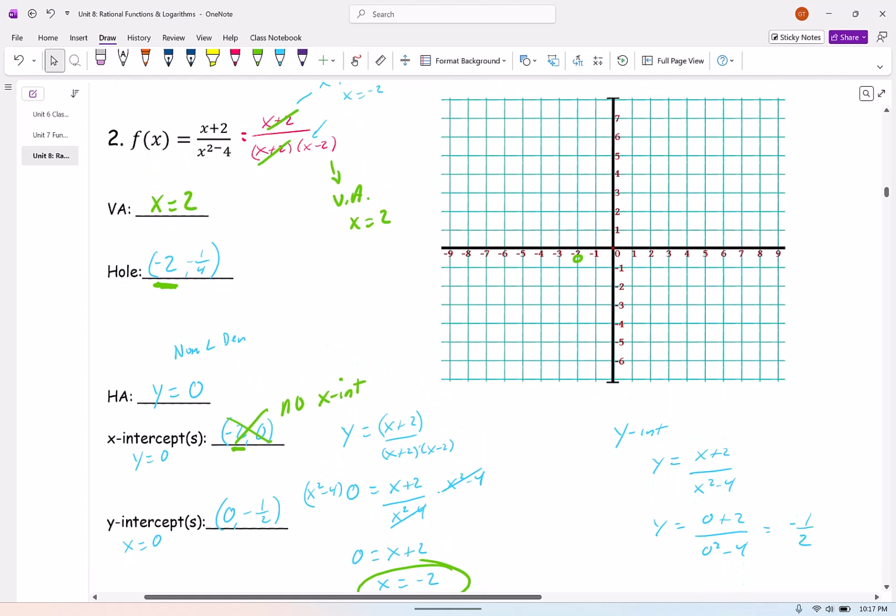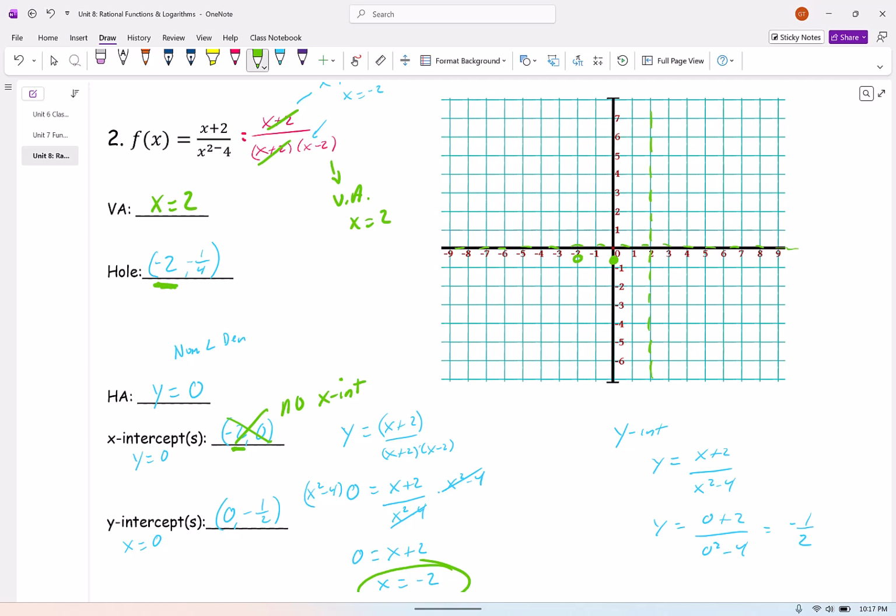So if we drew in our information that we have now, that we clarified, we got a vertical asymptote at x is 2. I got a horizontal asymptote right there on the x-axis. We drew in our hole at -2 and -1/4. Our y-intercept is going to be at 0, -1/2, somewhere right about there.